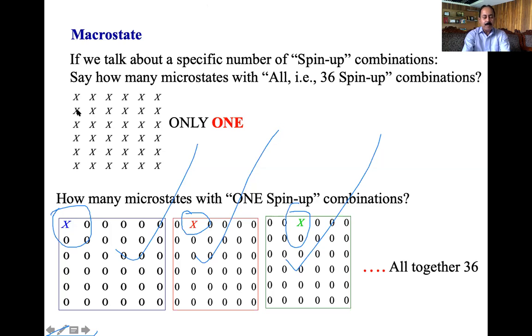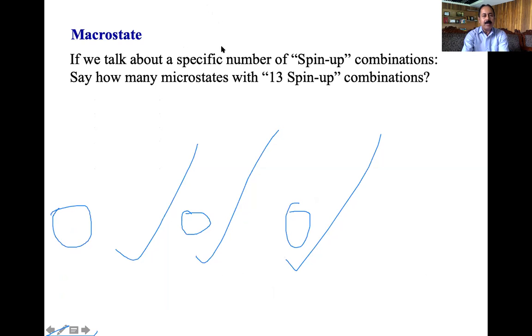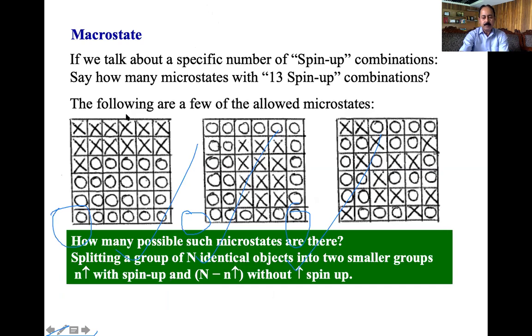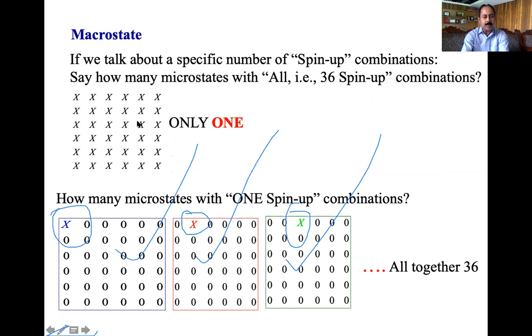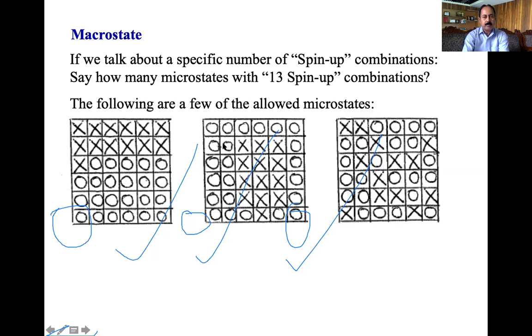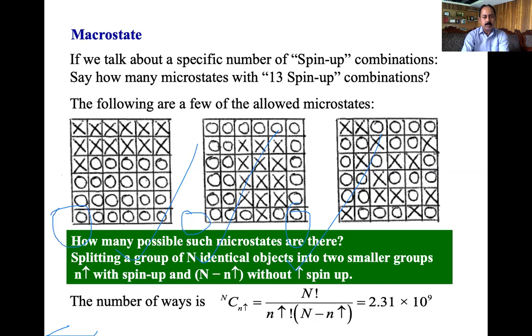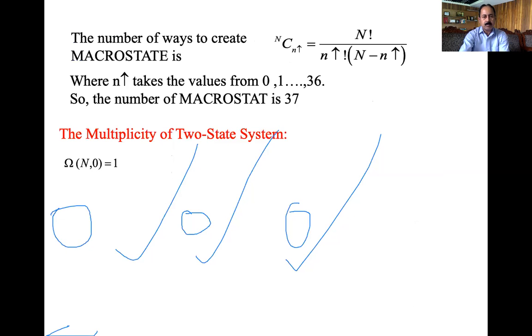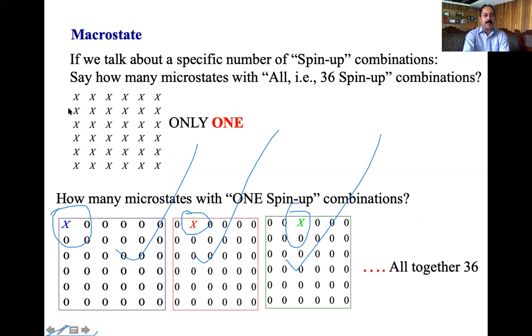So the previous one, here, this is one. That means the number of macrostates which contain all microstates spin up, we get only one.